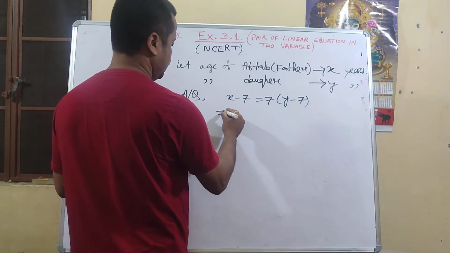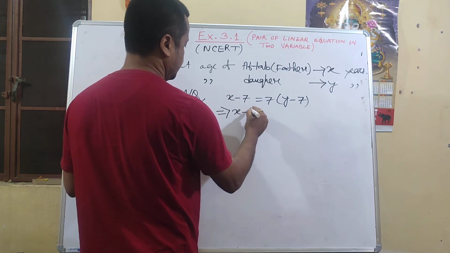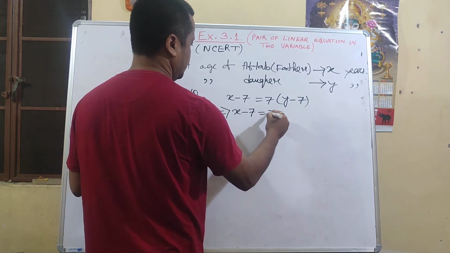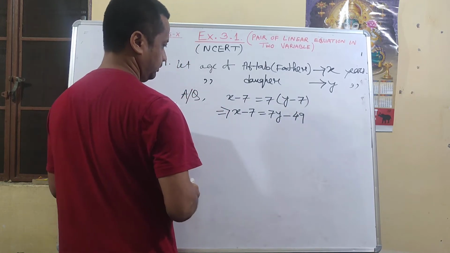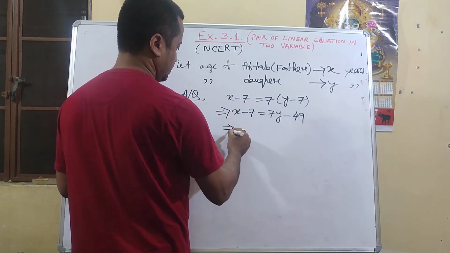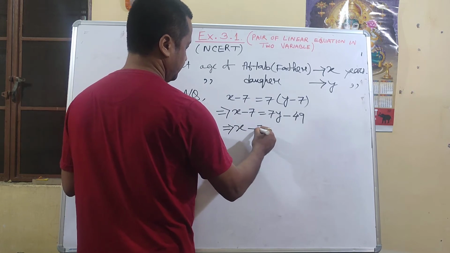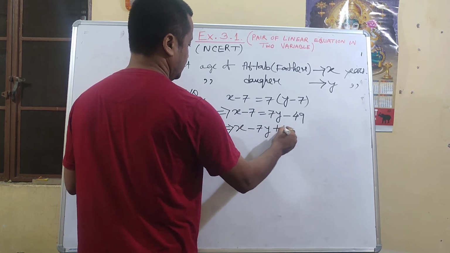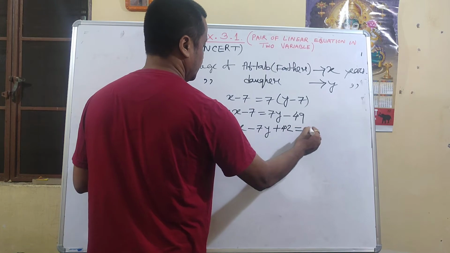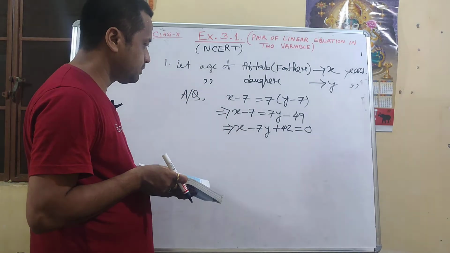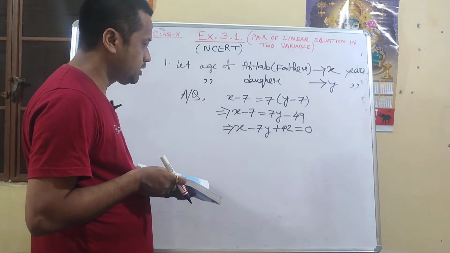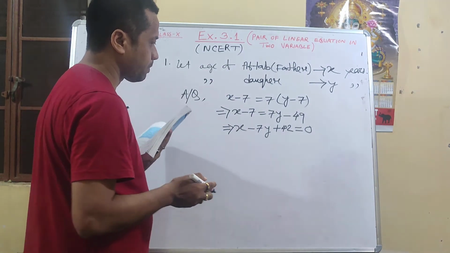Just simplify this: x minus 7 equals 7y minus 49. More simplified, x minus 7y plus 42 is equal to 0. So the first equation is x minus 7y plus 42 is equal to 0.